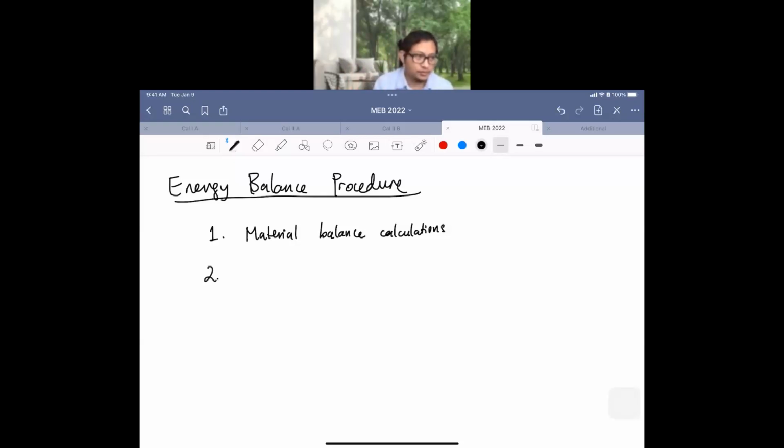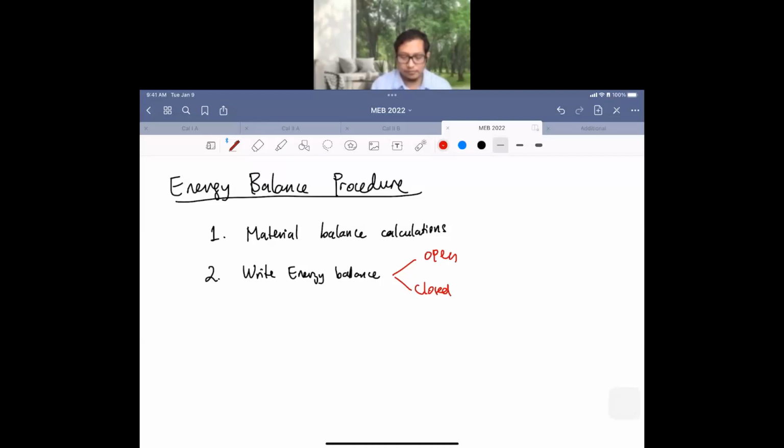Secondly, write the energy balance for an open or closed system, and then delete any negligible terms.